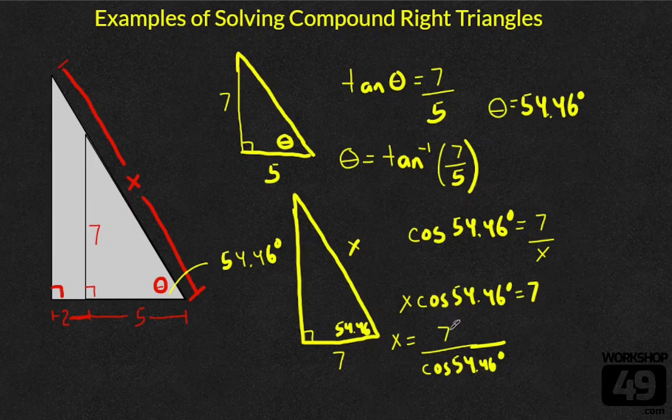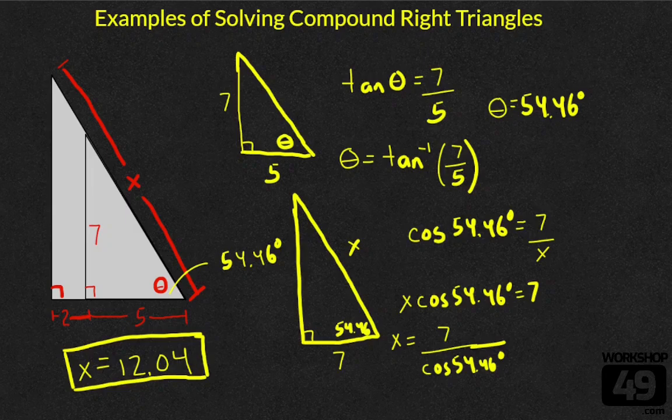Gets x all by itself. Chuck that right into the calculator, as is, 7 divided by cos of 54.46, which is just rearranging the SOH-CAH-TOA, and you're going to get x equals 12.04.